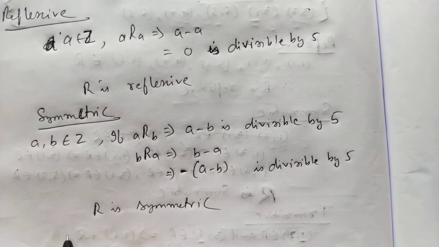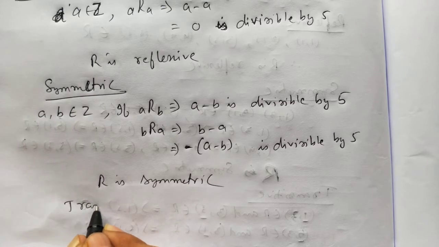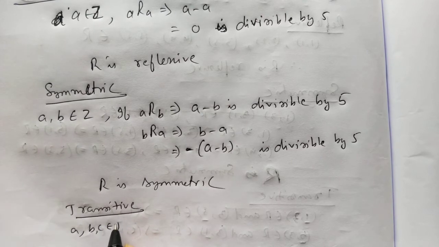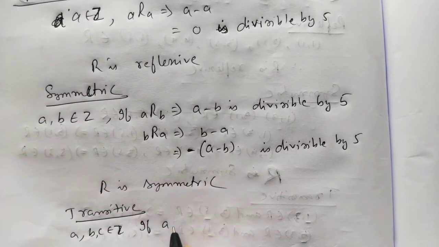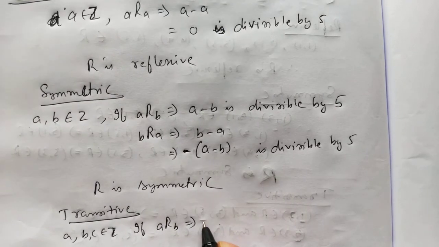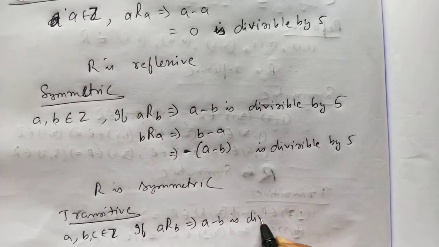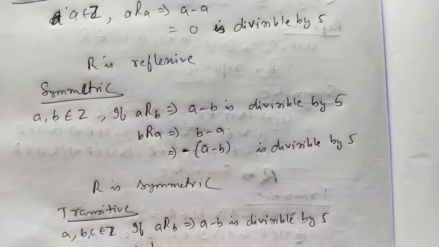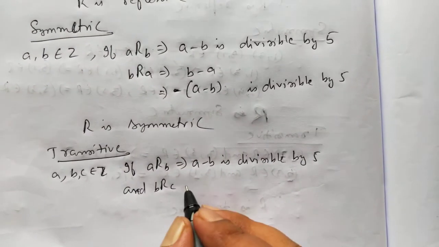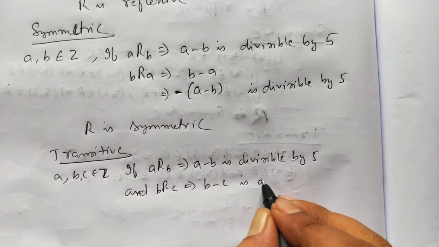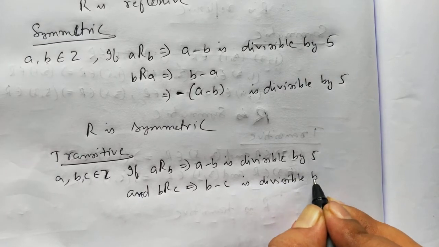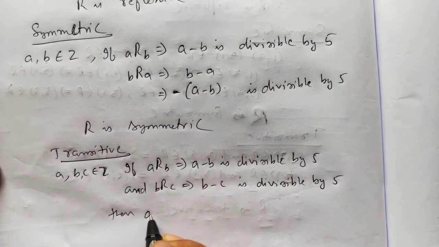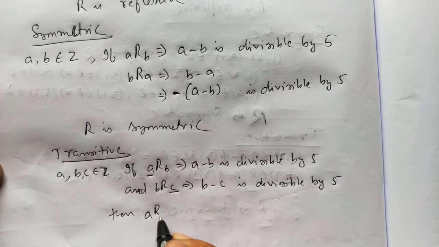Let's check for transitive. We use three terms, A, B, C belong to Z. Then if A related to B is satisfied, that is A minus B is divisible by 5, and B related to C means B minus C is divisible by 5, we have to show that A related to C must be divisible by 5.